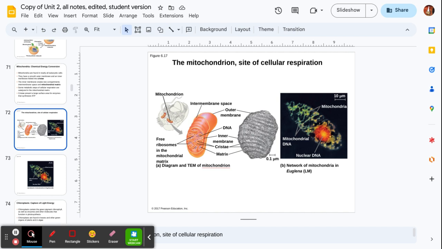We've got an inner and an outer membrane, and then we have that mitochondrial matrix in the very middle, and the space in between the outer membrane and the cristae.